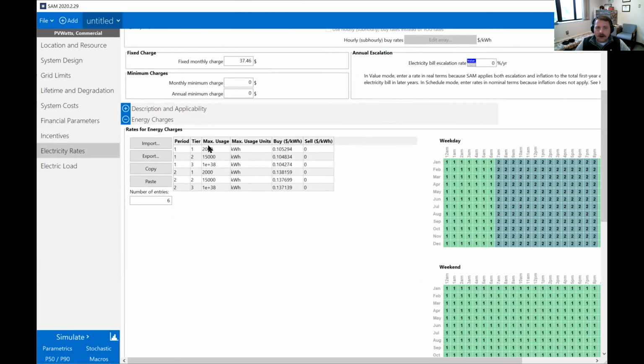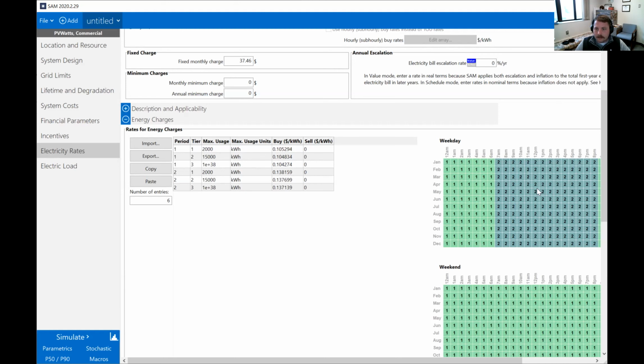The tiers depend on how much energy I use in a particular billing period. For the first 2,000 kilowatt hours, it's 10.5 cents. After 2,000 until 15,000 is 10.4. And after I've used 15,000 and greater for large users, it goes down just a tiny bit, 10.42 from 10.48.